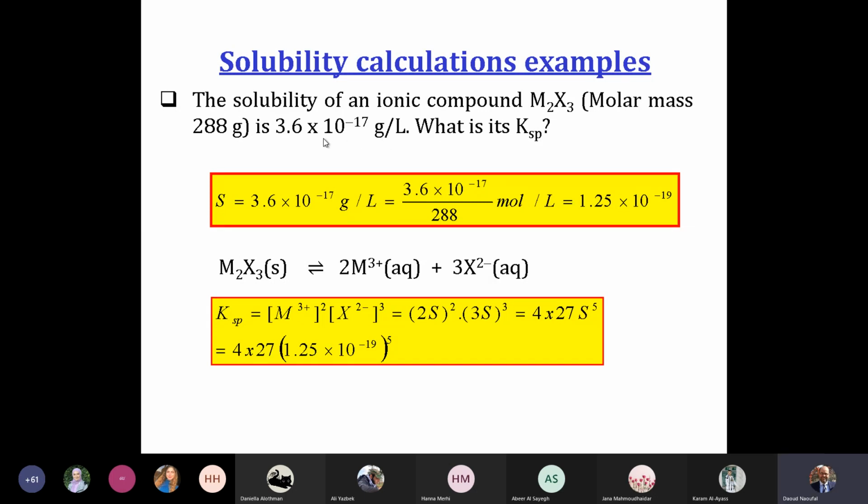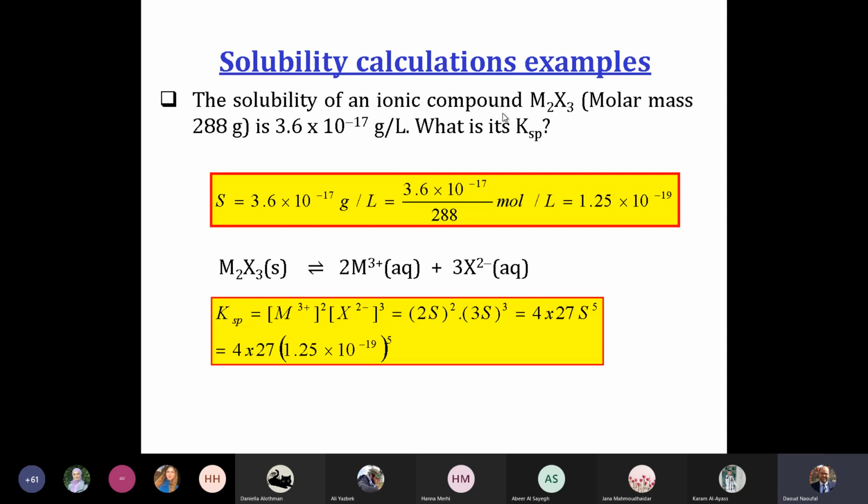First of all, in this example the solubility is given in gram per liter, so this is the mass concentration. And when we talk about KSP, we talk about the ionic product of concentrations.